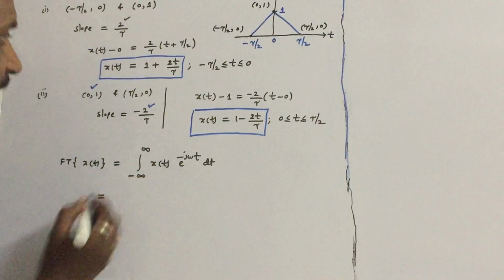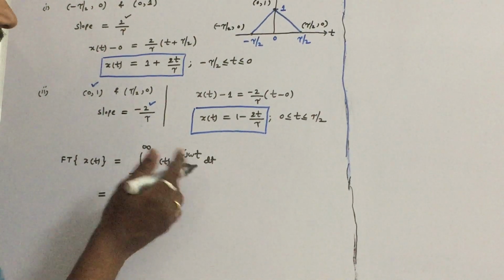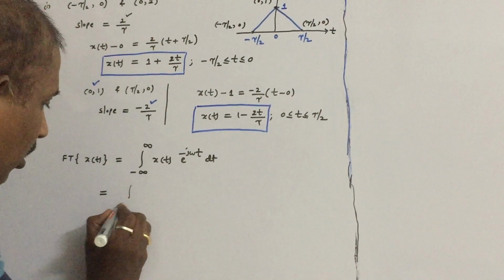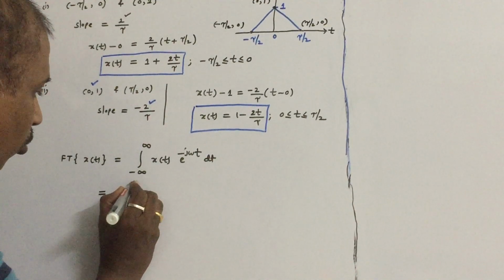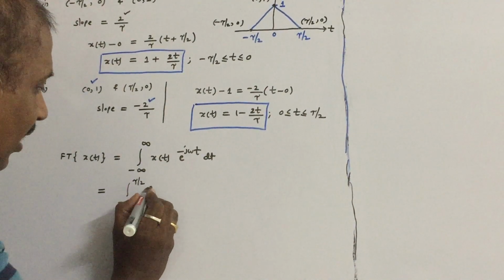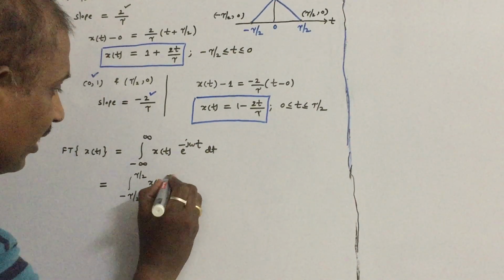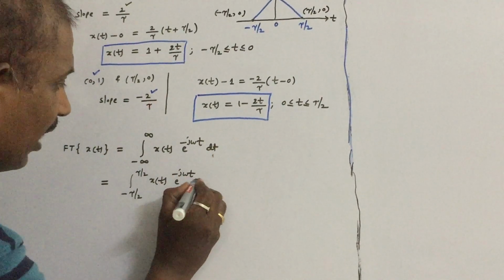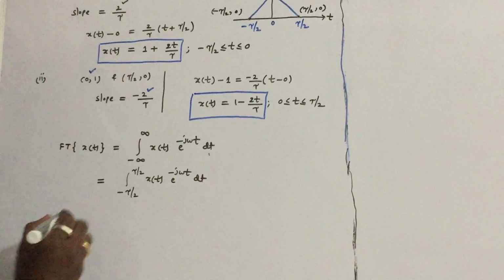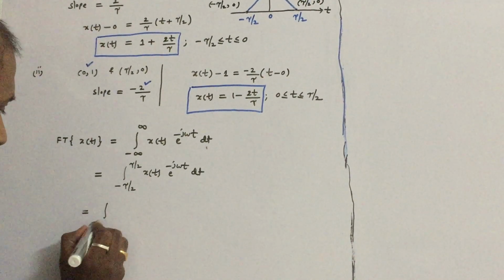But this x(t) extends only from minus τ/2 to τ/2, so we substitute those limits, e^(−jωt) dt.